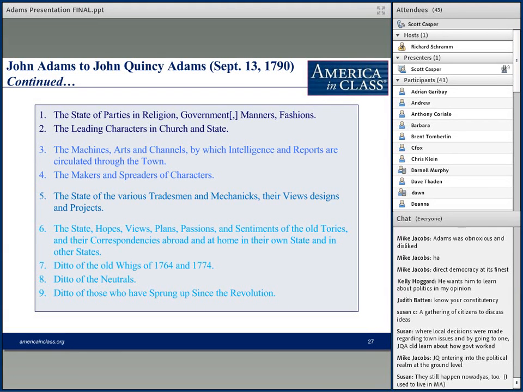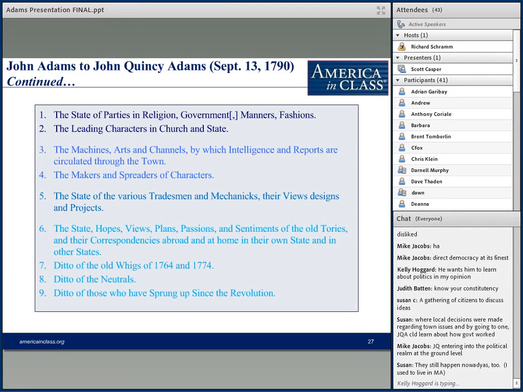The third and fourth, I think, are hilarious. He's telling his son, look at the people who are spreading news about other people. The machines, arts, and channels, that is, the machinations, the kind of ways in which people spread the news, circulate the news, and the people who are doing it. Watch out for those newspaper men. Look at the people who are spreading gossip. In other words, that's the second thing you can learn, how news spreads, how word gets around.